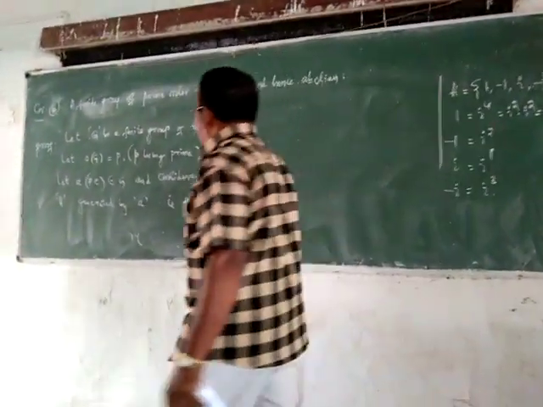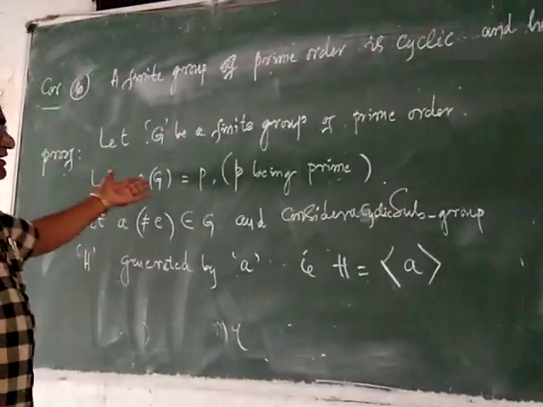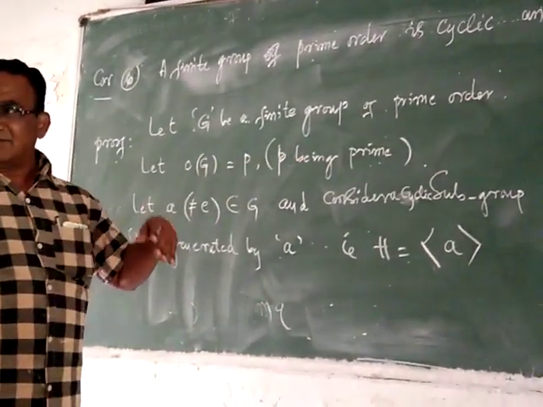Now what I did here, I have taken G a finite group of prime order. That is, the order of G is equal to p, where p is a prime number.